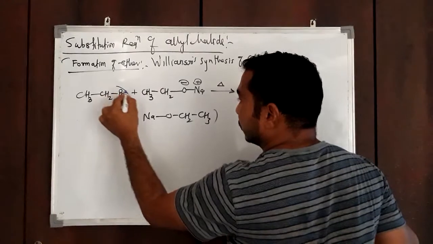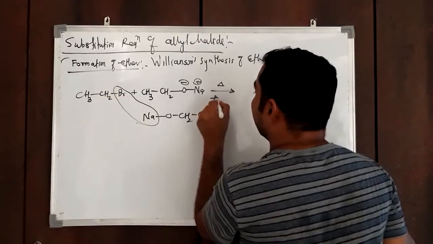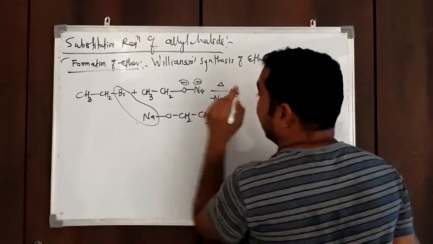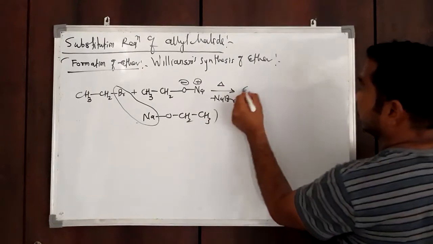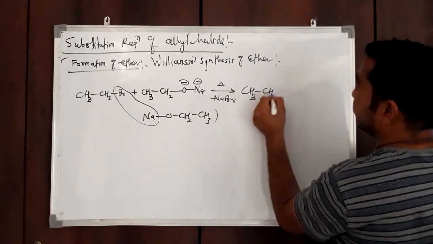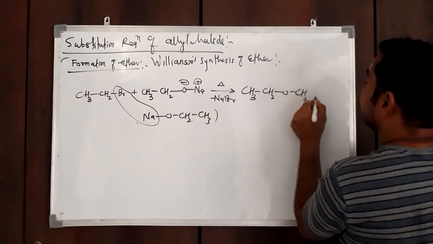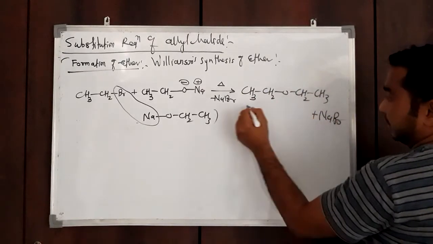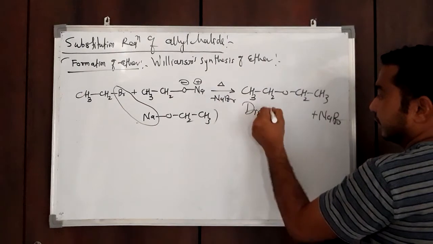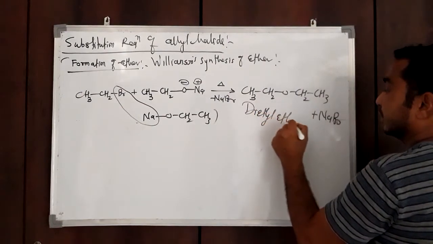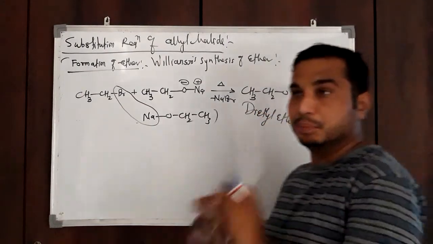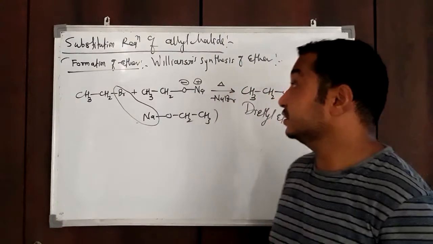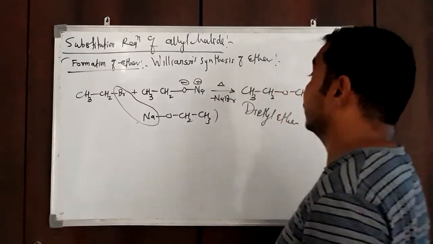It is very simple now. Just remove NaBr and join them. So CH3CH2OCH2CH3 plus NaBr, that is diethyl ether. We can prepare any simple ether as well as mixed ether by this reaction, Williamson synthesis.